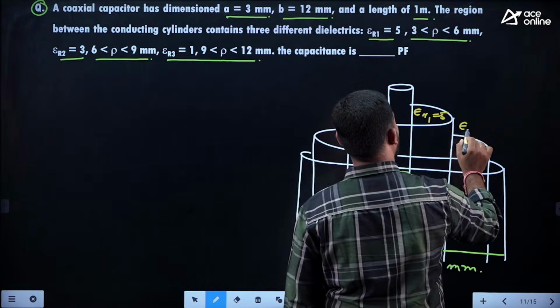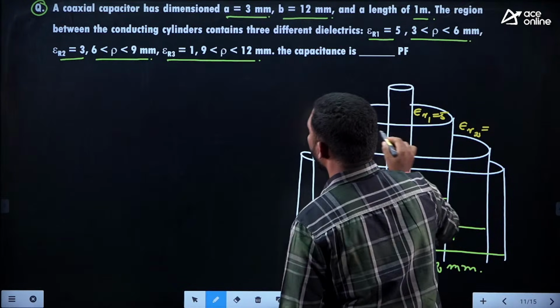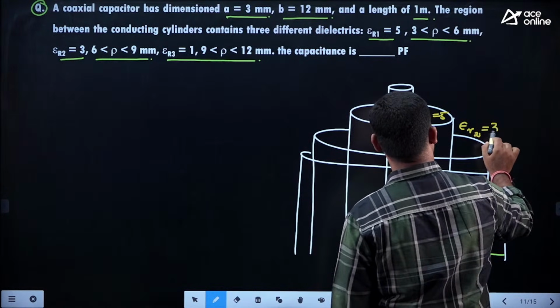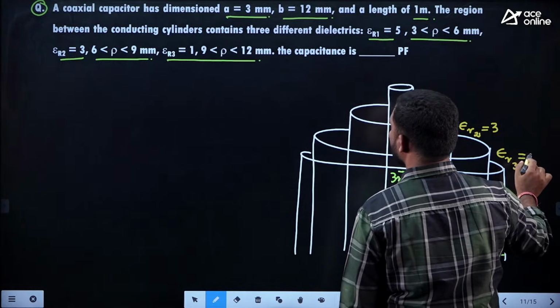Between the next two, epsilon r2 is equal to 3. Here epsilon r3 is equal to 1.